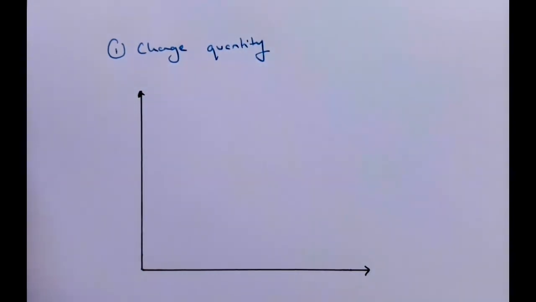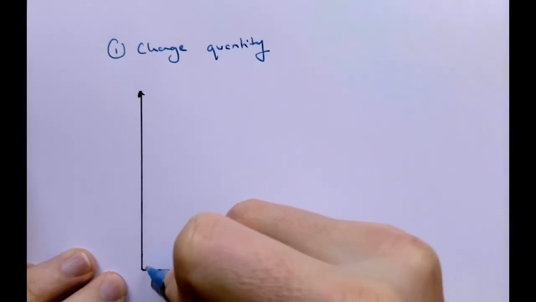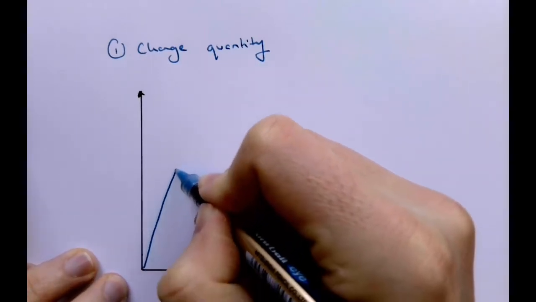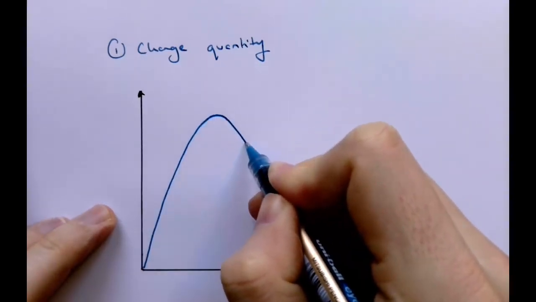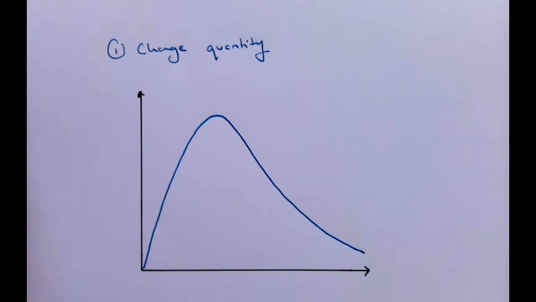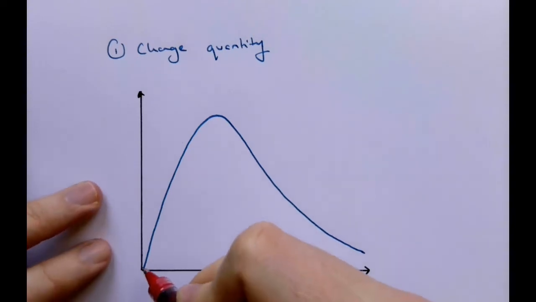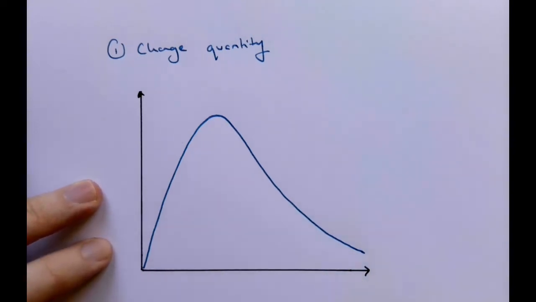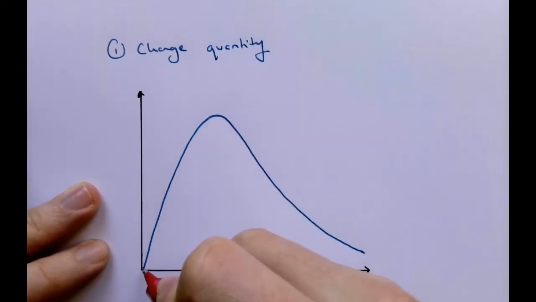Let's imagine we've got a distribution in a certain gas, and then I take half of that gas. So I halve the volume of the gas. If I halve the volume of the gas, I'm going to halve the number of particles. However, I don't do anything to affect the amount of energy the particles have.